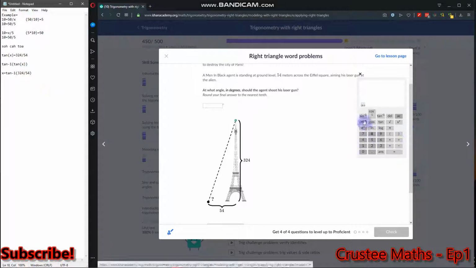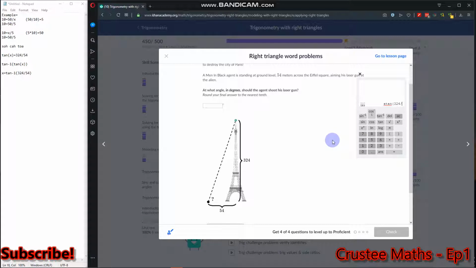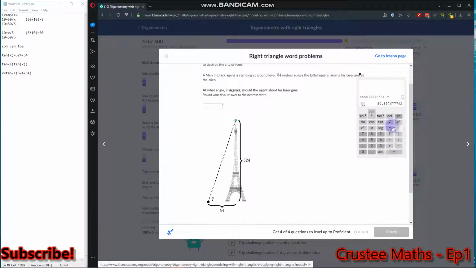So you're going to use your calculator. You're going to put the inverse tangent of 324 over 54. So if you press this, it says 80.53767792.